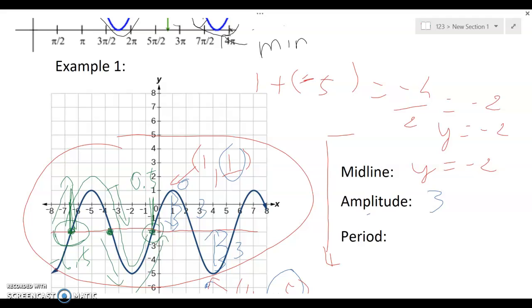So the space between negative 6.5 and negative 0.5 is 6. We only take the absolute value, so the period here will be 6. And that's our answer. The midline of this graph is y equals negative 2, the amplitude is 3, and the period is 6. And that concludes my lesson for today.